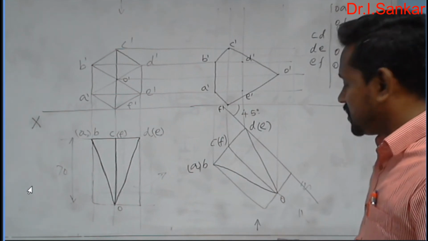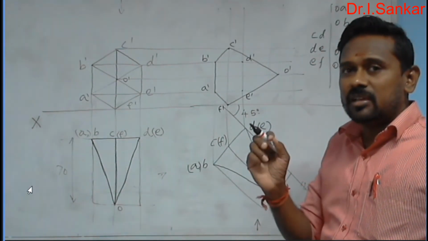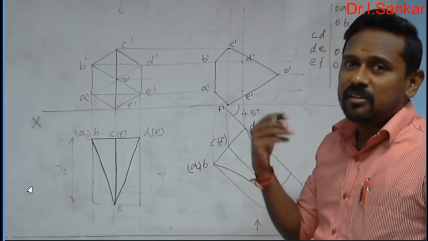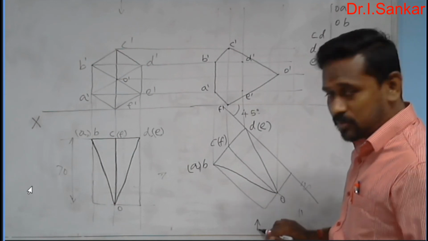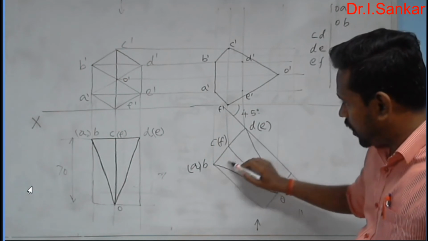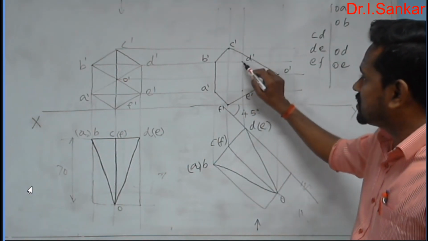In the step number 3, the step is join all the remaining another base corners as invisible edges. So here you are standing in this place. So the far away base is this one. Here some remaining unconnected corners are there.